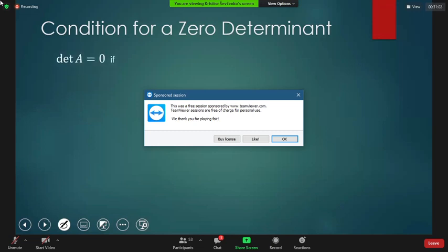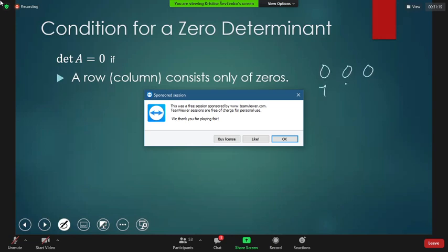So first of all, a determinant equals 0 if, for example, one row or one column consists only of zeros. Imagine that I have the rows 0, 0, 0, then 1, 2, 3, then 7, minus 8, 5, something like this.